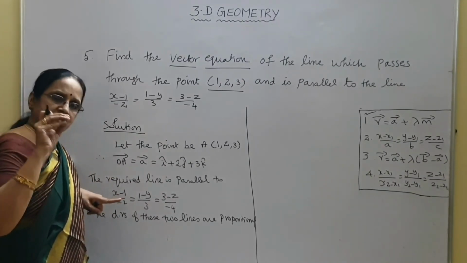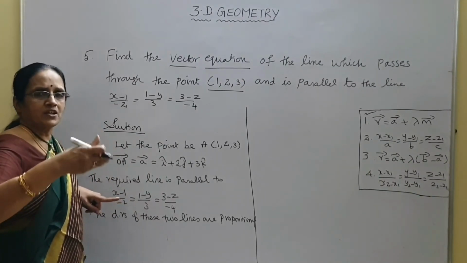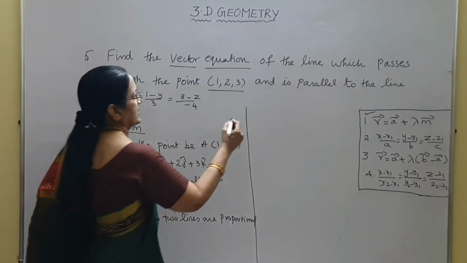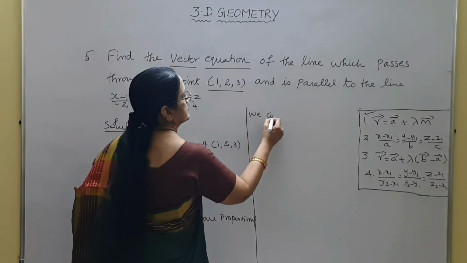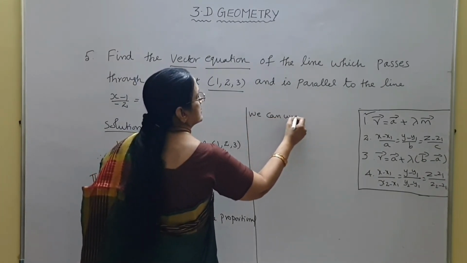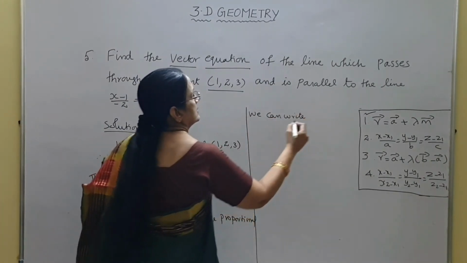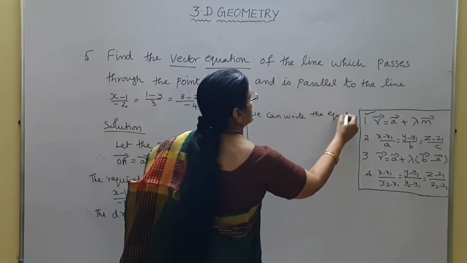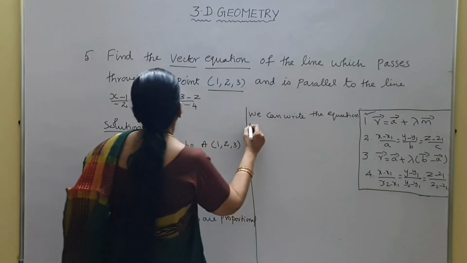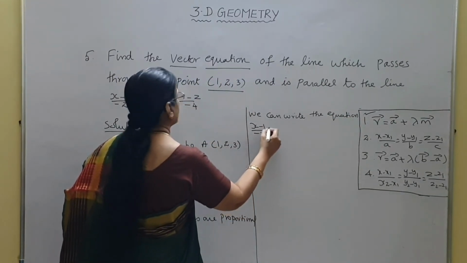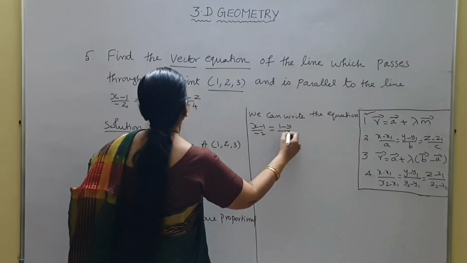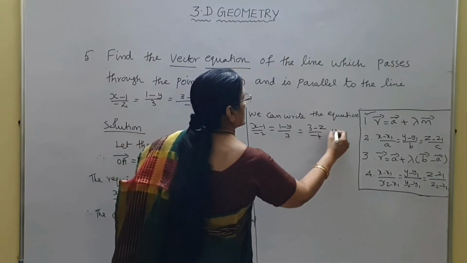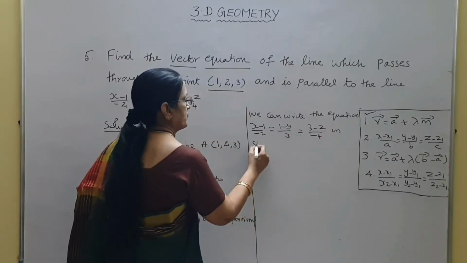After writing it in standard form only, you will get to know the DRs. So we can write the equation (x minus 1)/(minus 2) equal to (1 minus y)/3 equal to (3 minus z)/(minus 4) in standard form.